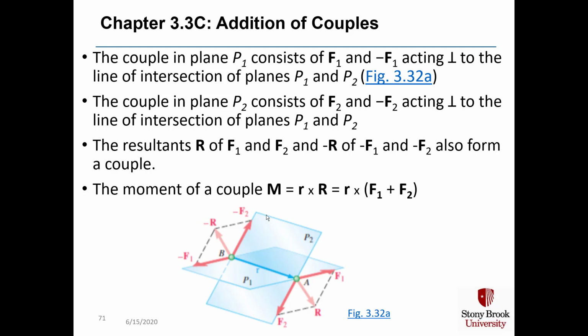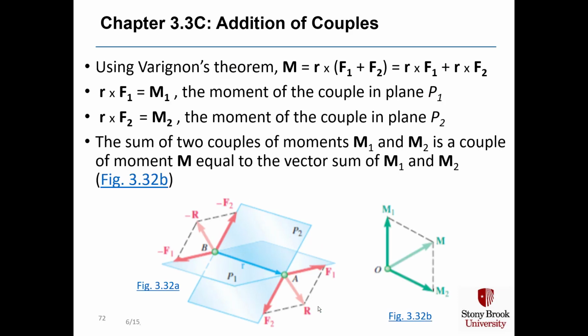And the moment of that couple, M equals small r cross large R, which equals small r cross F1 plus F2. Using Varignon's theorem, M is equal to r cross the sum of F1 plus F2, which equals r cross F1 plus small r cross F2, where small r cross F1 equals M1.